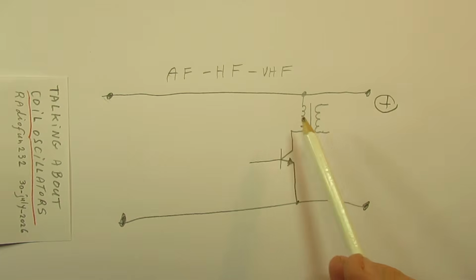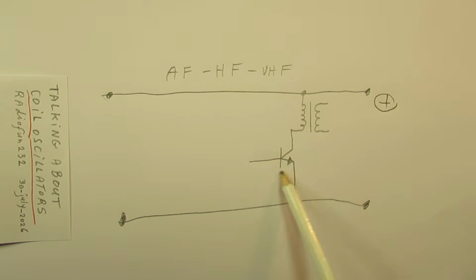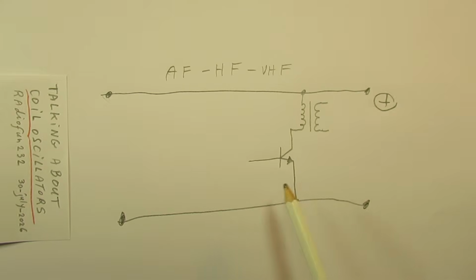But when you reproduce it, it could be that even when you use the same transistor, the bias is not okay. And that's a reason why you find on my YouTube channel, say, 100 videos about coil oscillators, and I always focus on the bias.